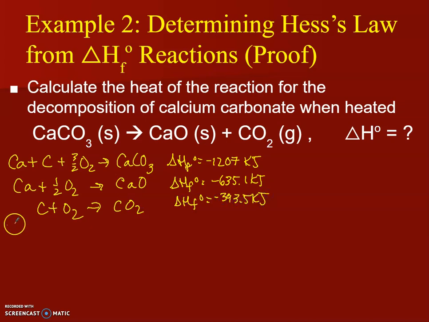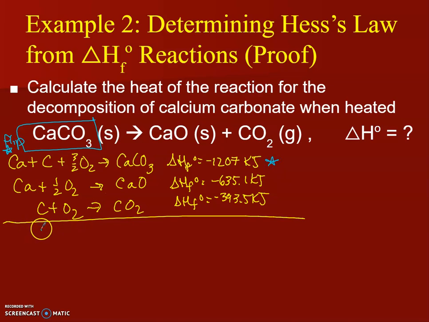So what do I do to these reactions? All right, who are my reactants? My reactant is CaCO3, so this one I'm going to flip. That means I'm going to change this value. So I am going to make CaCO3 break up into Ca plus C plus 3 halves O2, and my delta H is going to be positive 1207 kilojoules.